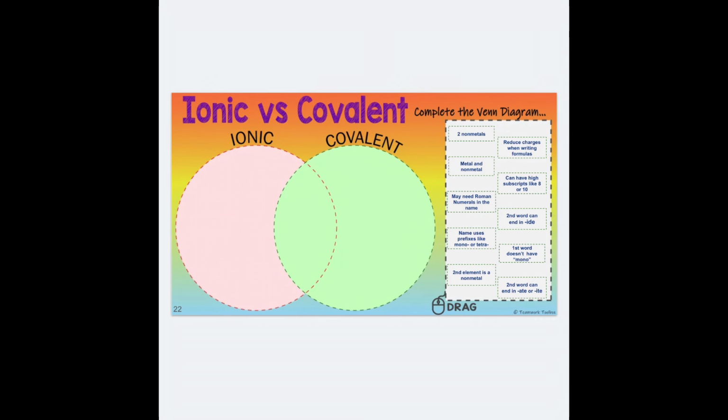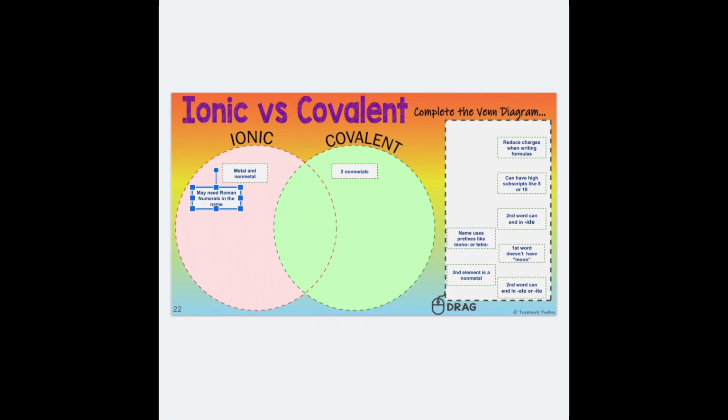Okay, ionic versus covalent. Now, some of these are going to be similar. So, two nonmetals, that is covalent for sure. Okay, a metal and a nonmetal, that is ionic for sure. May need Roman numerals, that is only for ionic. You only ever need Roman numerals with ionic.